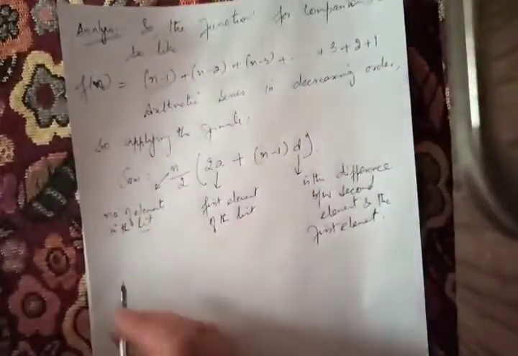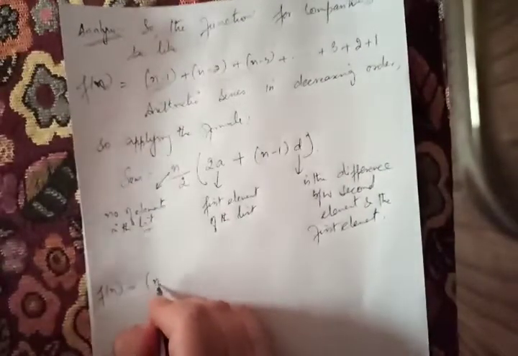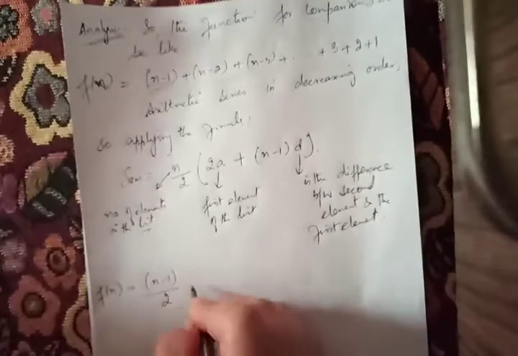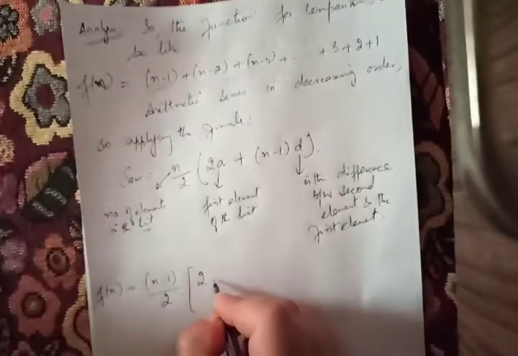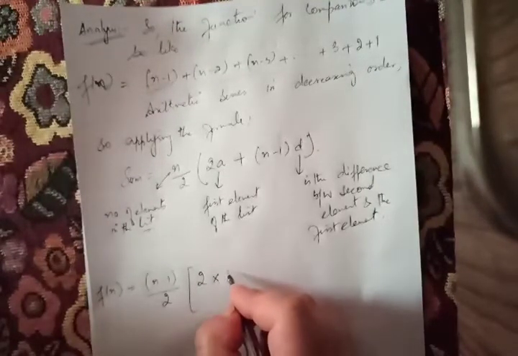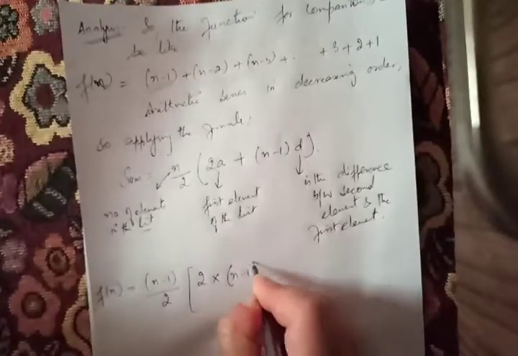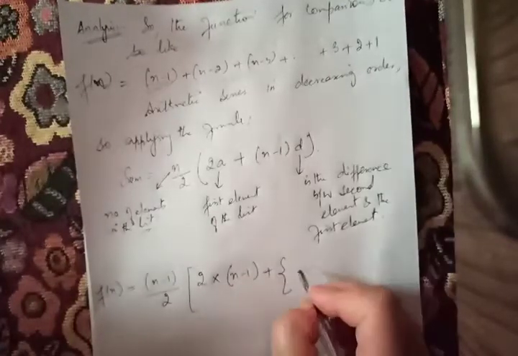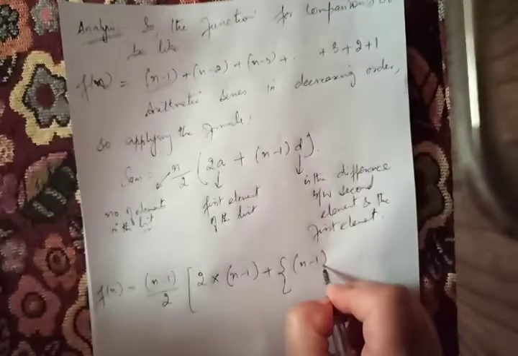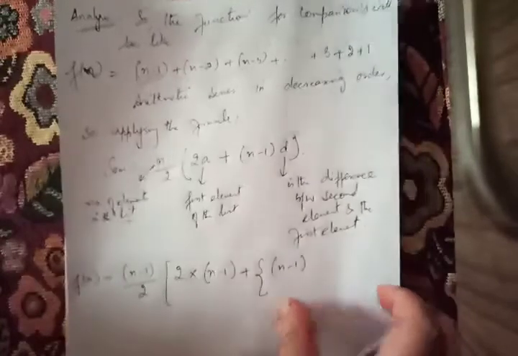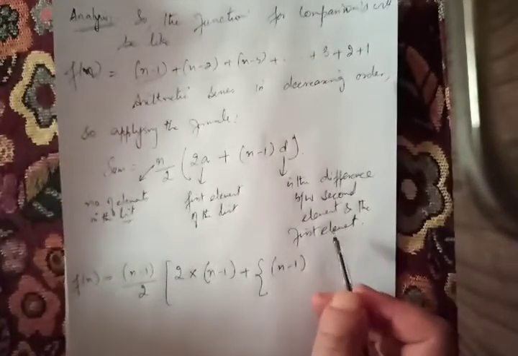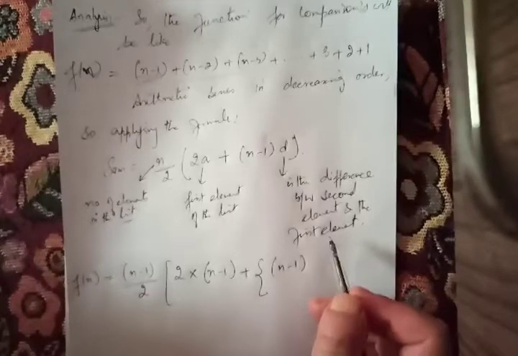So let us put all the values from the function in this formula. So f of n is equal to, what is n? n minus 1 divided by 2, times 2 times a. What is a? That is the first element, which is n minus 1, plus n minus 1 times d. D is the difference between the second and the first element.